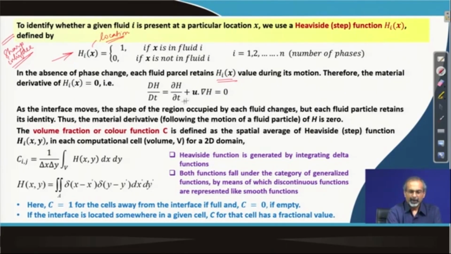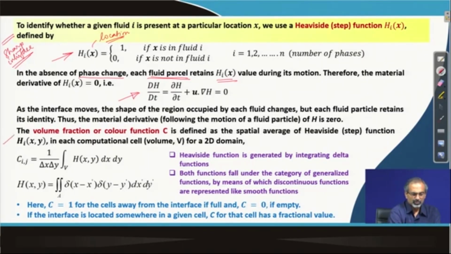Now, as long as it is the sharp interface and there is no phase change, a fluid parcel or a fluid element will satisfy the material derivative of h equal to 0 condition, like what we described in the previous slide. So, as the interface moves, the shape of the region would change and the fluid particles would retain their identity as the shape of the region changes.